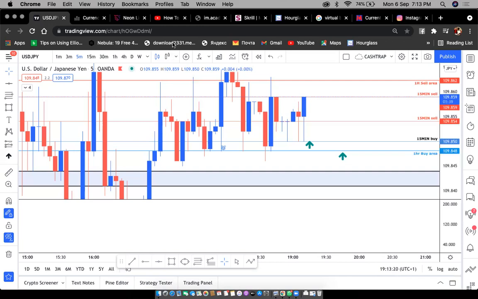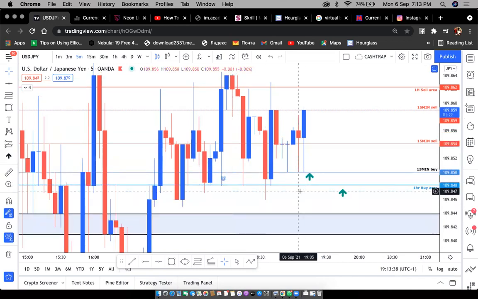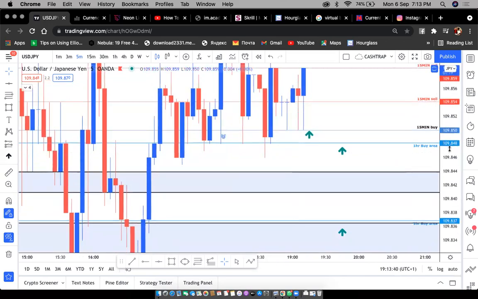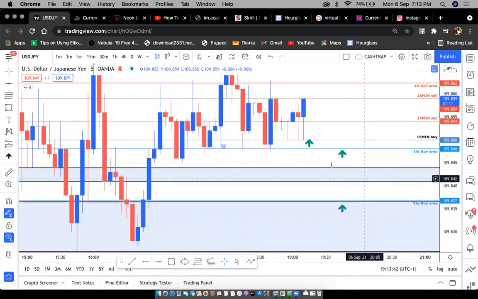Are you clear on how to take it? Yeah, I am. So what I want you to do is go and do your charting. Go and do your markup. This will actually give you an idea of where you are looking at entry.